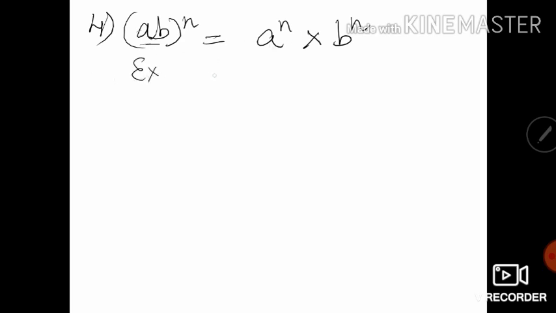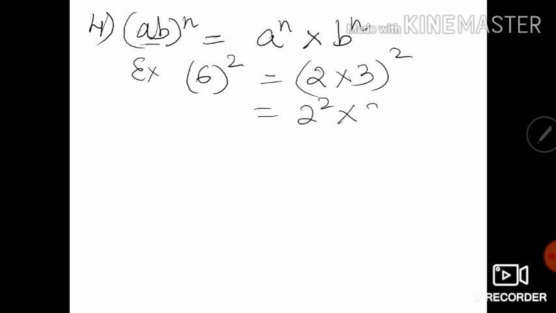Example, 6 to the power 2 can be written as 2 into 3 to the power 2, which is 2 to the power 2 into 3 to the power 2.